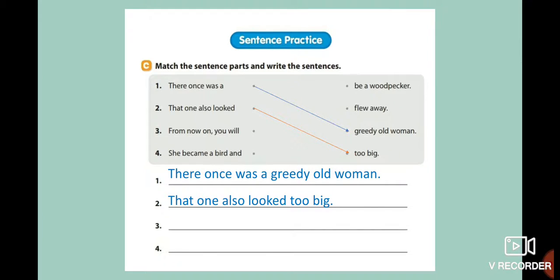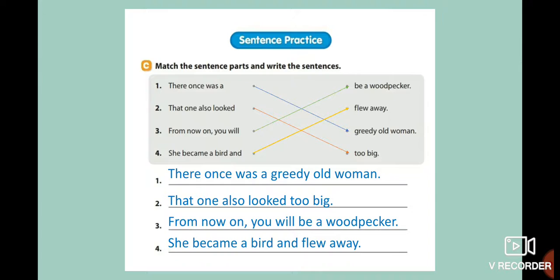Sentence number 3. From now on, you will be a woodpecker. And number 4, she became a bird and flew away. That means flew far, far away, a long distance.